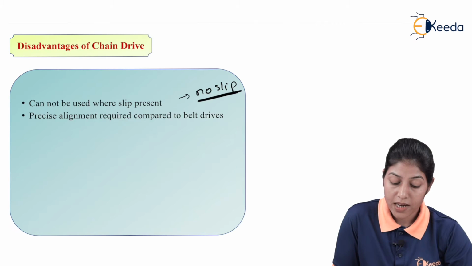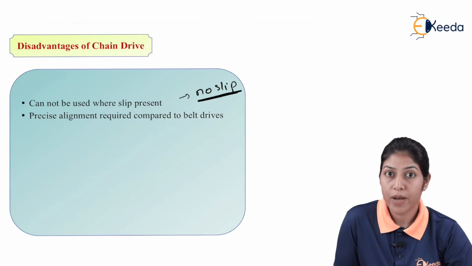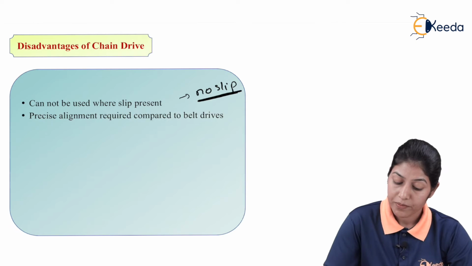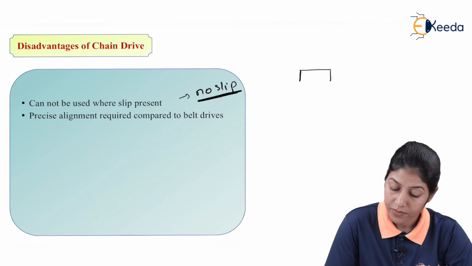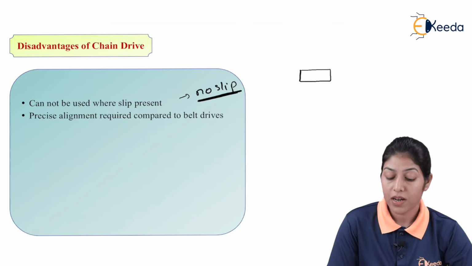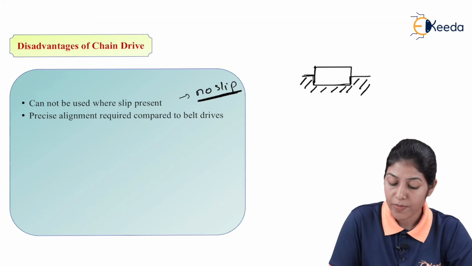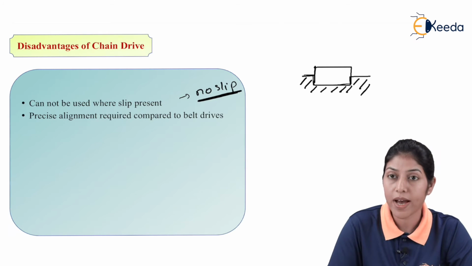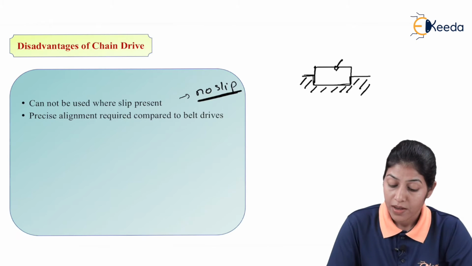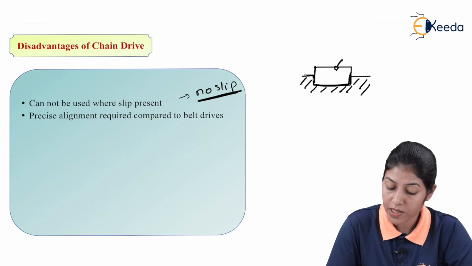And precise alignment is required compared to belt drive. In belt drive, if we are using a flat belt, so this is the cross-sectional area of the flat belt, and when this flat belt is in contact with the driving pulley or driven pulley, for the belt we don't require any precise alignment, because this belt is in contact with the flat surface of the driving or driven pulley.